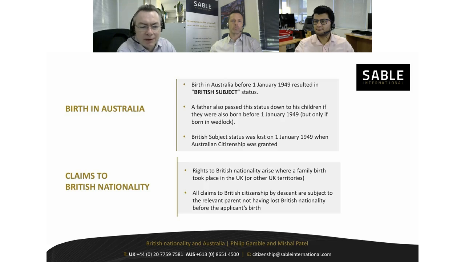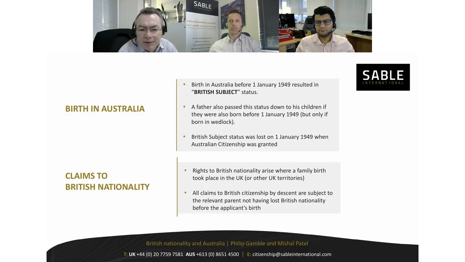So there's a difference between self-governing territories, which effectively introduced their own citizenship in 1949, and other places which remained under full UK control until much later, usually around the 1960s. So we're going to be looking for you having ancestors born in either the UK or other British territories to gain rights to citizenship now.